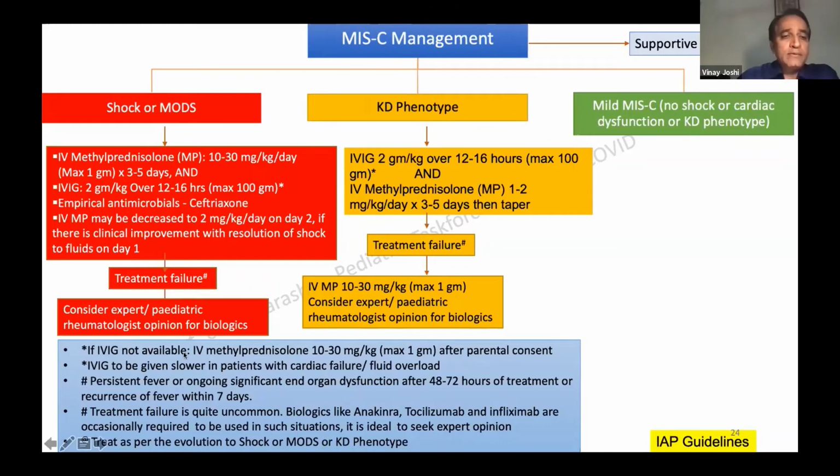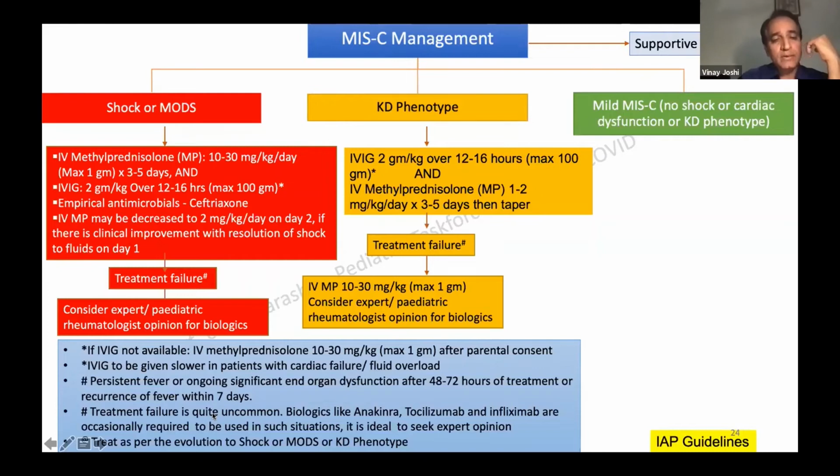If IVIG is not available, and this applies to both shock with MODS and the KD phenotype, then IV methylprednisolone 10 to 30 milligram per kilo, maximum of 1 gram, should be considered after parental consent. We discussed IVIG in patients with cardiac failure and fluid overload. Treatment failure we looked at.